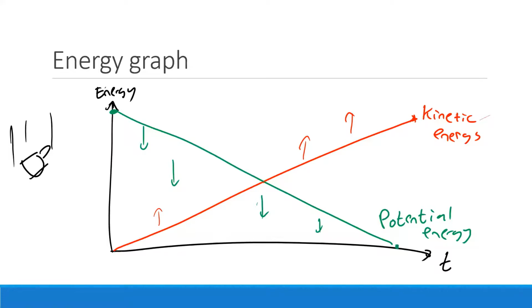There are different graphs for this as well. This is what we refer to as a linear one. The reason this is linear is because it's a drop.